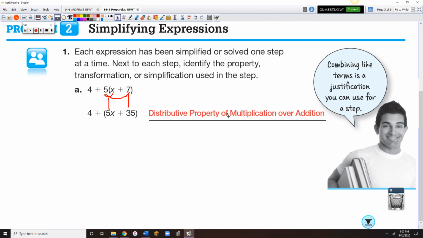I'm going to tell you, distributive property is sufficient. You don't need all those words. Now the next step, I'll uncover that. And gee, what happened? What's different? Well, the 4 and the 5x switched places. That would be commutative property of addition.